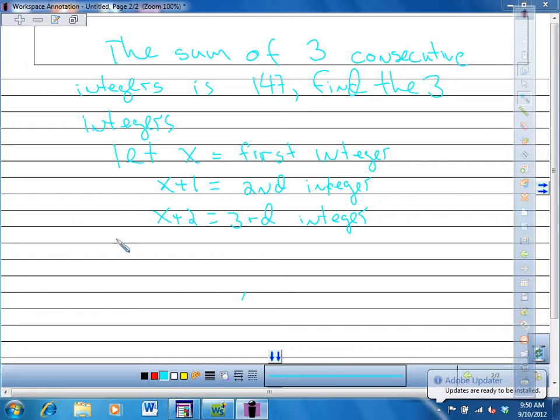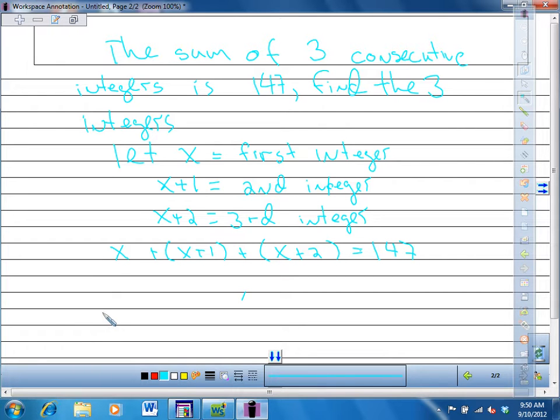If the first integer is x, what's next? Plus x plus 1, plus, keep going, Catherine, x plus 2. How much does that have to equal? 147, okay? That's a very straightforward kind of problem.